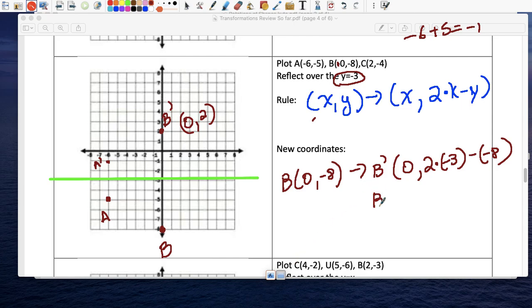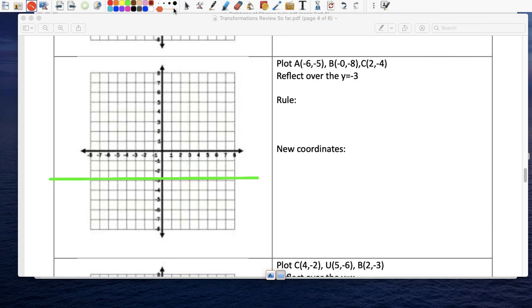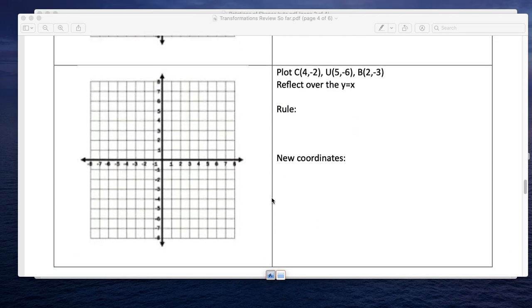So B prime, 0, comma, 2 times -3 is -6, and -6 minus -8 is the same thing as -6 plus 8, which equals 2. So B prime is 0, comma 2, which is exactly what we got. Okay? That's probably the hardest part, if anything, that you have to do.